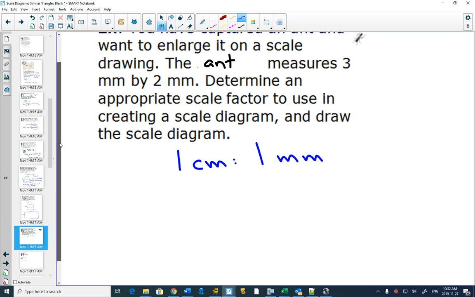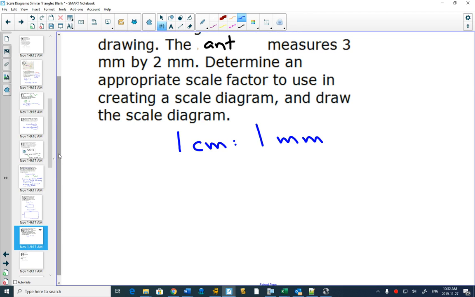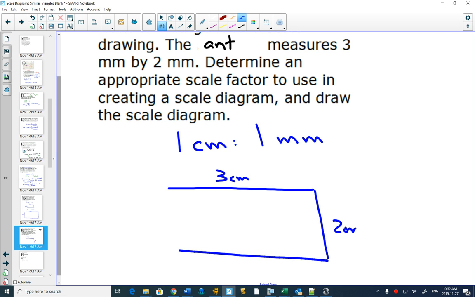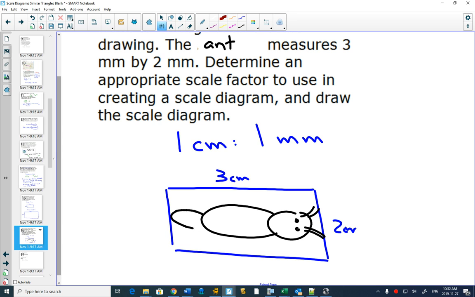Then if the ant is 3 millimeters by 2 millimeters, they drew a box that was 3 centimeters long here, 2 centimeters here, and they knew they had to draw their ant and fit that ant in there, right?